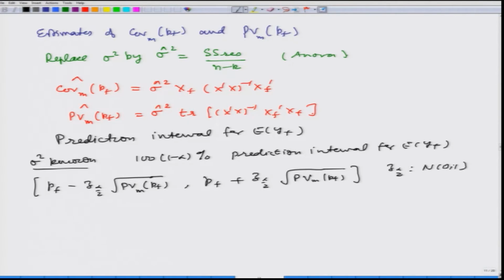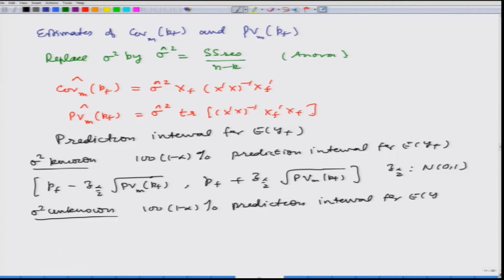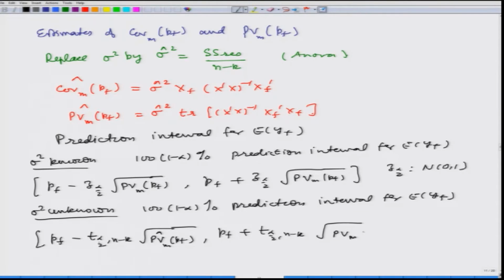Similarly, in the other case we assume that sigma square is unknown, and in this case the 1 minus alpha percent prediction interval for the expected value of Yf is obtained as Pf minus t alpha by 2, n minus k, times the standard error of Pf when it is used for mean value, and Pf plus t alpha by 2, n minus k, times the standard error of Pf when it is used for mean value.